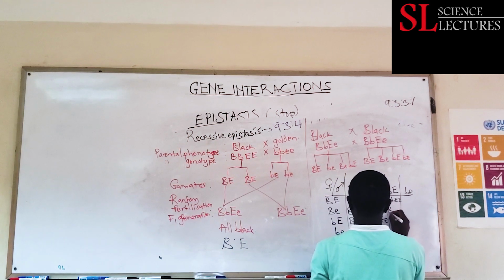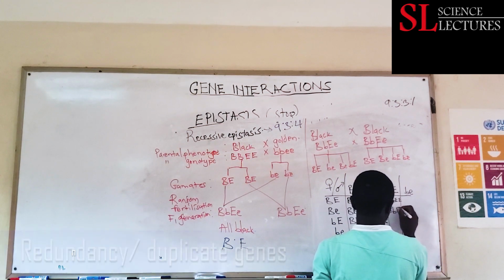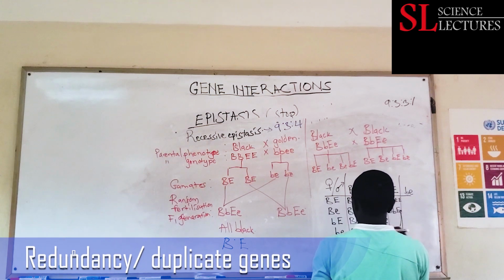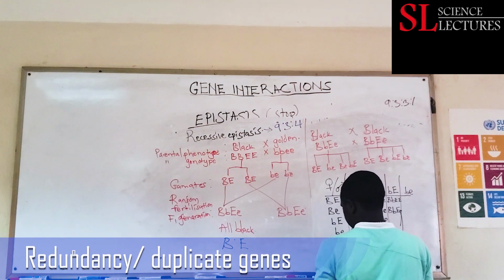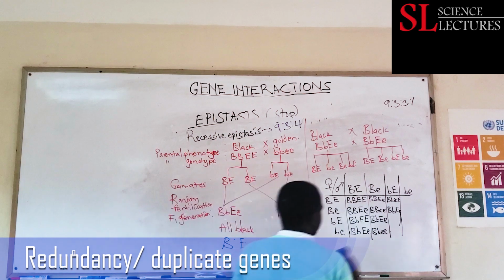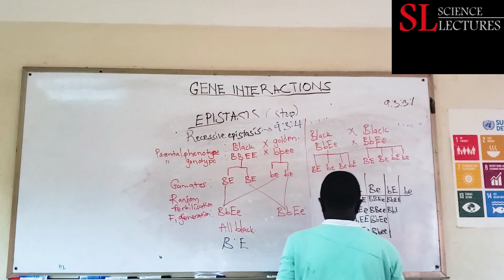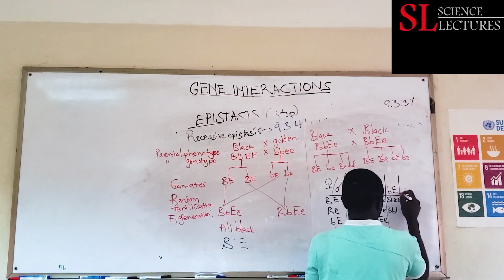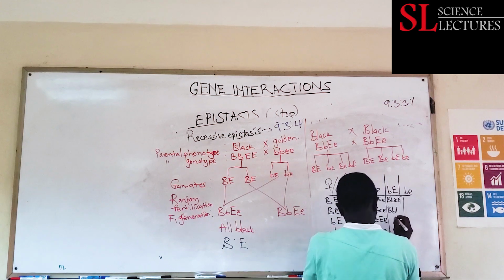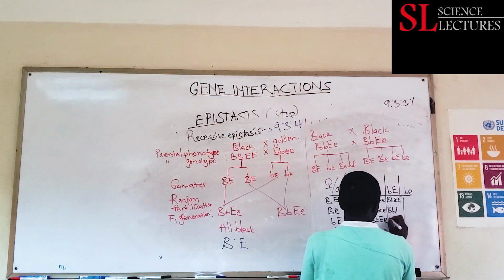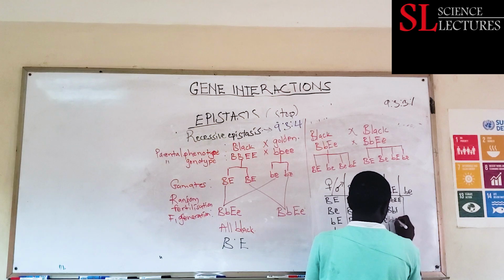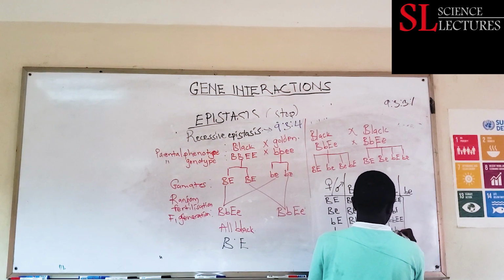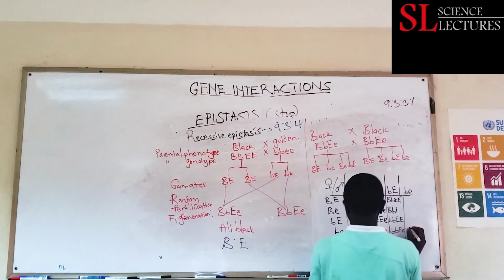Then here. Then let's organize these things here. Okay. Then trying to complete this Punnett square.